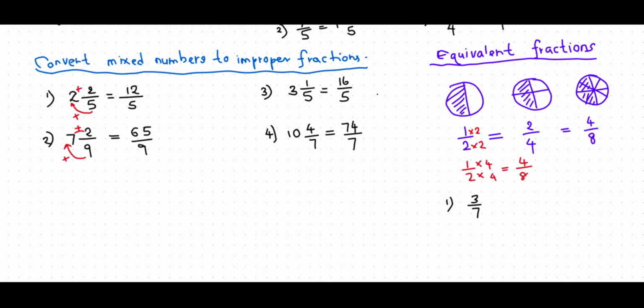I can multiply by 10. Then this is 30 over 70. If I multiply by 2, it is 6 over 14.